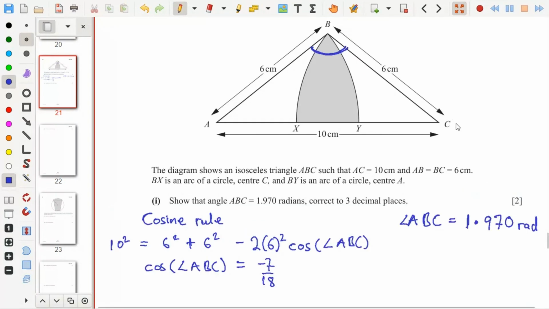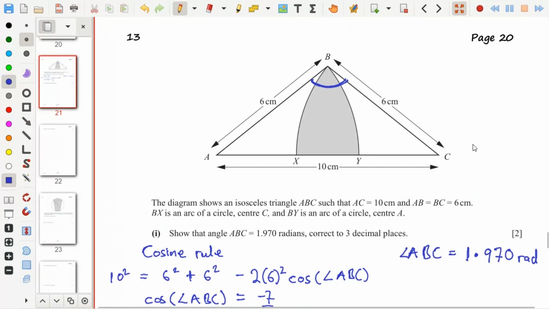First of all, in order for us to find the perimeter of this, we need to know the length of the arc. Right now, you know this angle to be 1.97, right? So you can easily find the angle at this side.